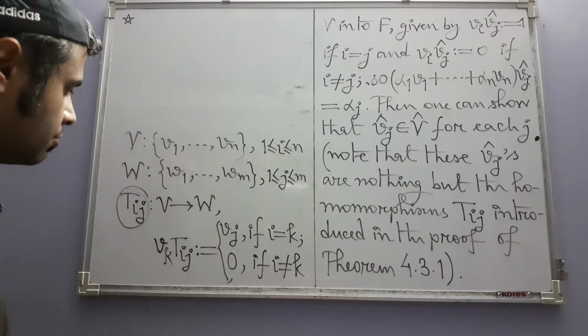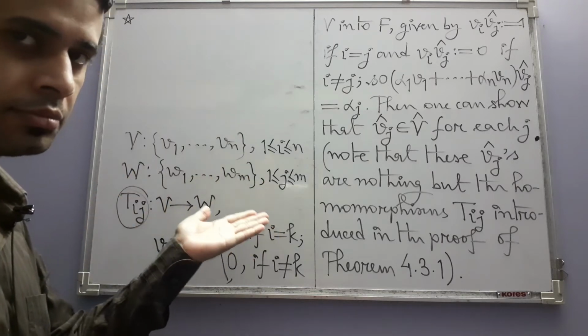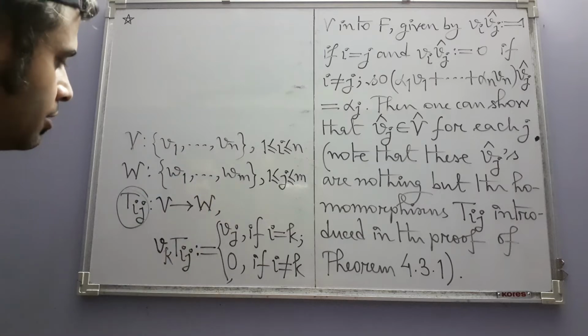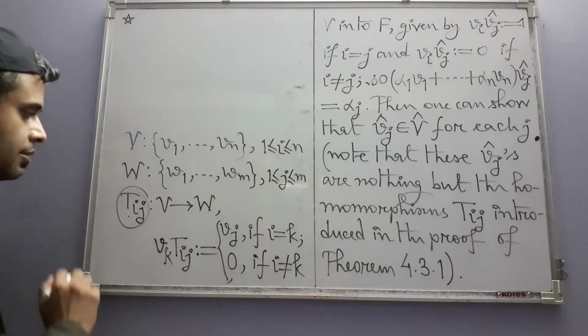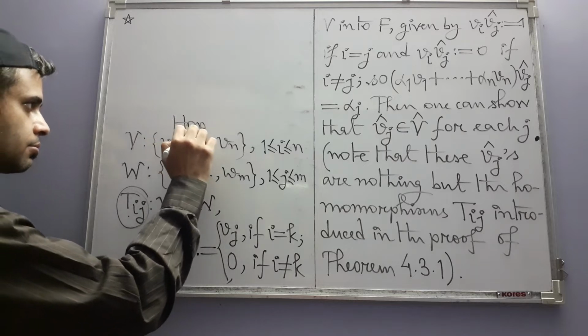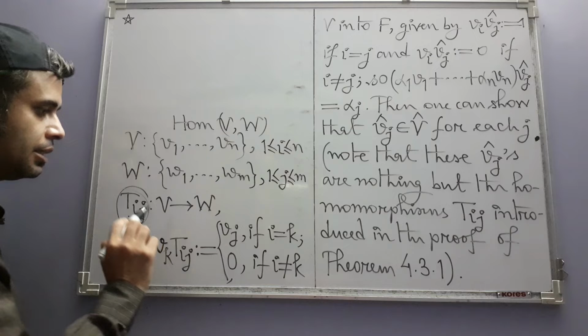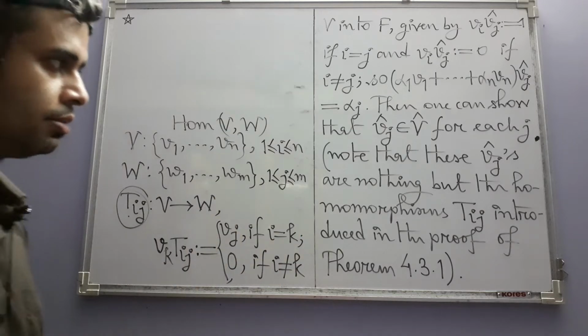And then we proved that these Tij's, there are mn of them, form a basis for our home space. That's what we did in theorem 4.3.1.